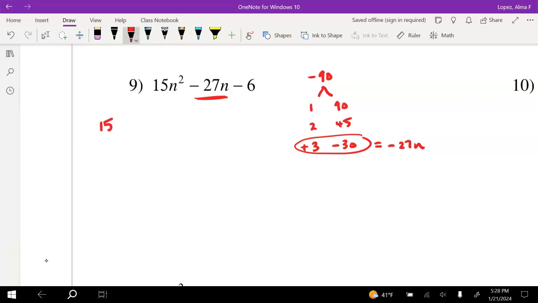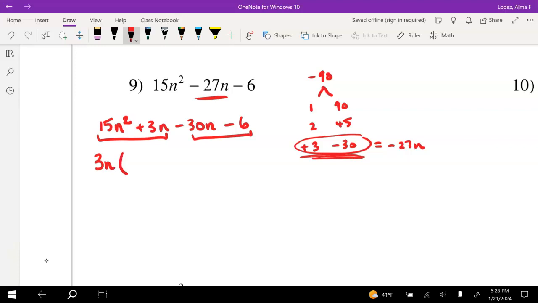Now bring down the first piece, 15n squared. Instead of negative 27n, you're going to use these two numbers that you found, plus 3n minus 30n minus 6. We're going to group them, first two together, second two together. The first two terms look like they have a 3n in common, so I'll take that out as my greatest common factor on the first two terms.